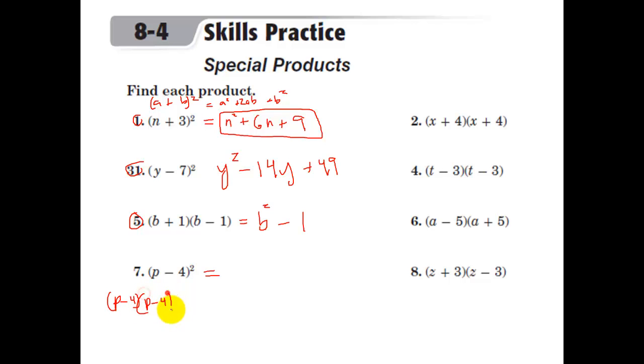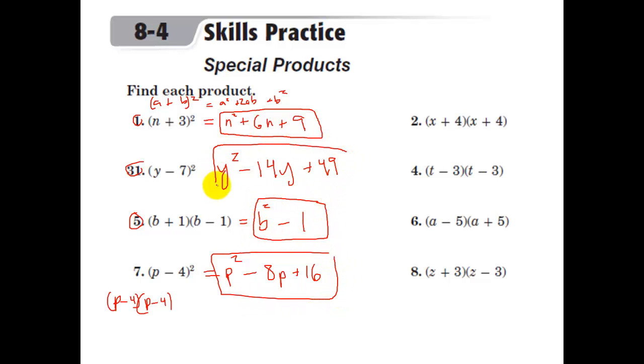Or you could memorize this formula here, a squared plus or minus 2ab plus b squared. So p is the front, p squared, minus 2ab. So multiply this by 2, and then multiply by p. So minus 8p, because 4 times 2 is 8, plus this number squared, plus 16.